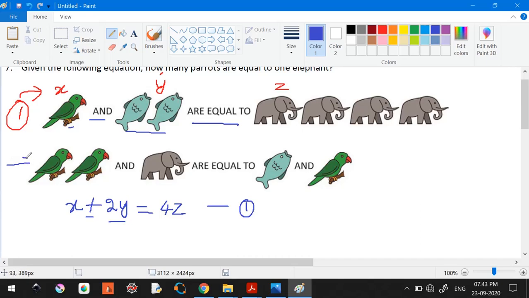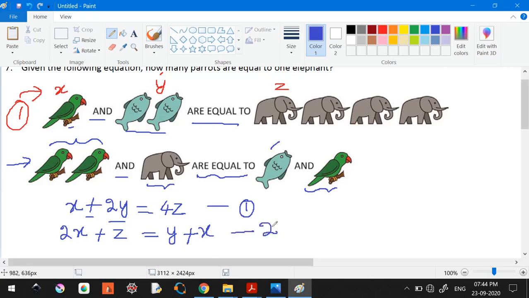The second condition they have given is 2 parrots, which is 2X, plus 1 elephant, which is Z, equal to 1 fish, which is Y, plus 1 parrot, which is X. So this is going to be my second equation.